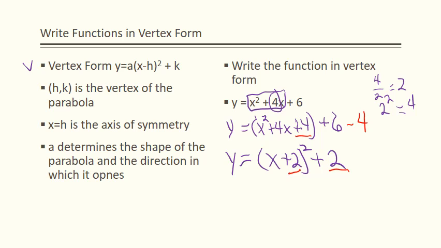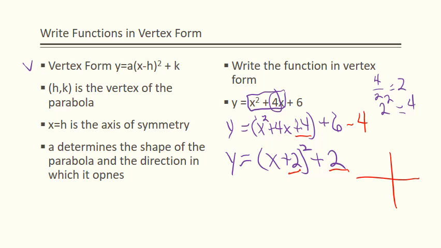When x equals h, in other words when x equals 2, that's the axis of symmetry. And a determines the shape of the parabola. Well, a is positive 1 in this case, and so the end behavior is going to be upwards.